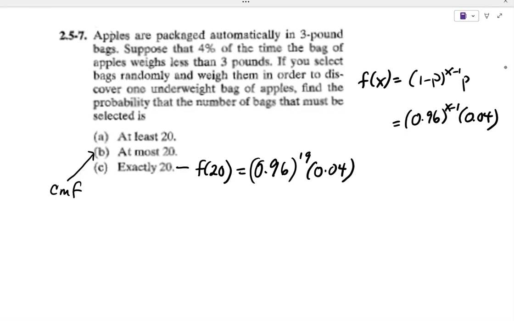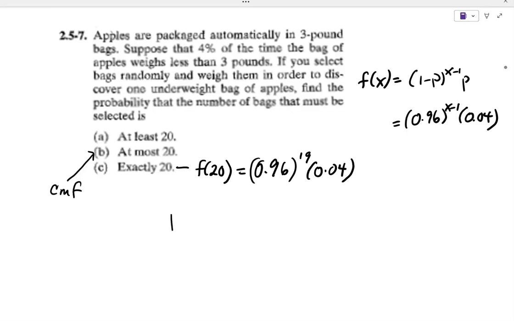Okay, CMF, CDF, same thing. Cumulative mass function, cumulative distribution function. Usually we say mass for discrete and distribution for continuous. But the reason why I'm emphasizing this is because we're going to get to that point in the next chapter coming up on Thursday.